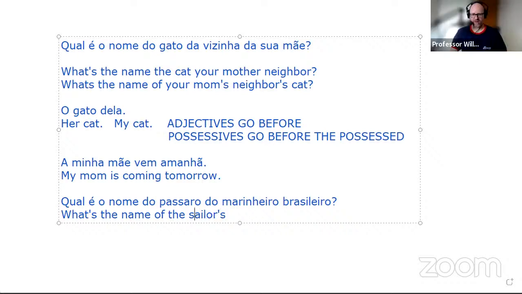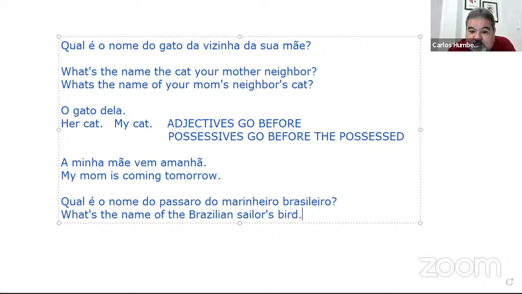Ah, there we go. Birds. Yeah. Minha falta de criatividade fez mais fácil do que a frase dela. What's the name of the Brazilian sailor's bird? Joe, como é que seria? Qual é o nome do pássaro brasileiro do marinheiro?